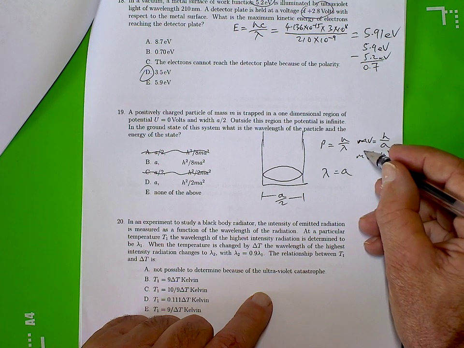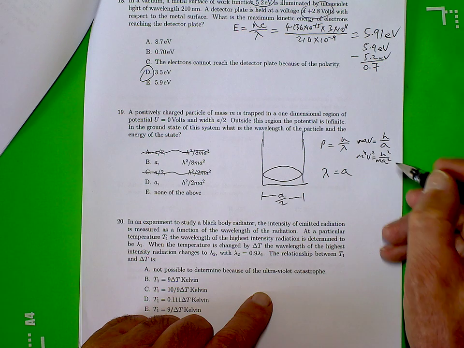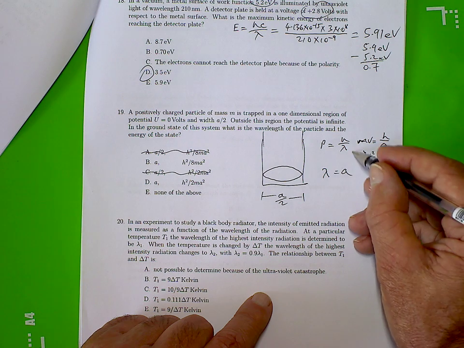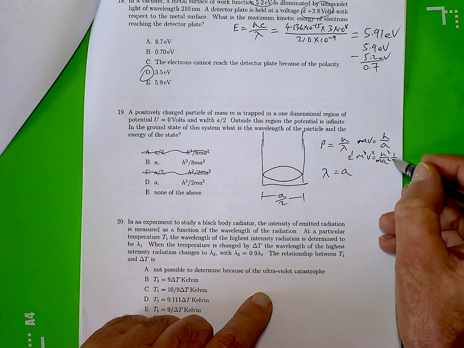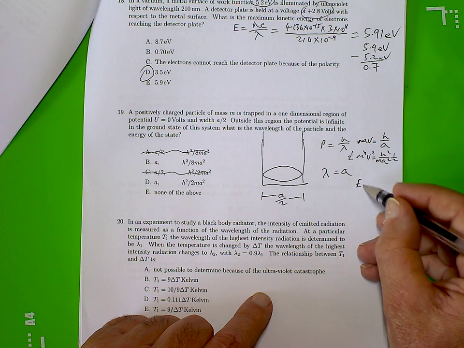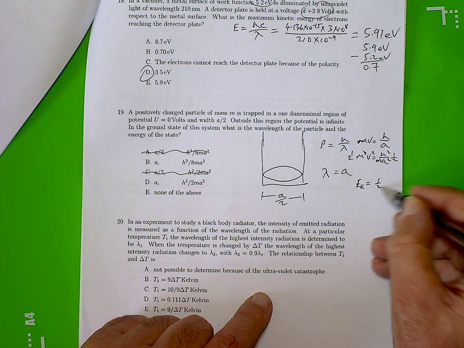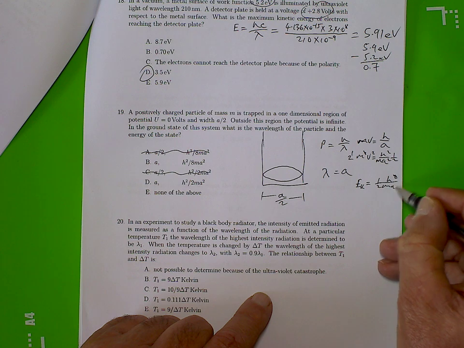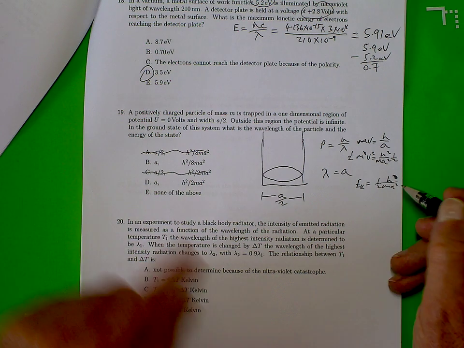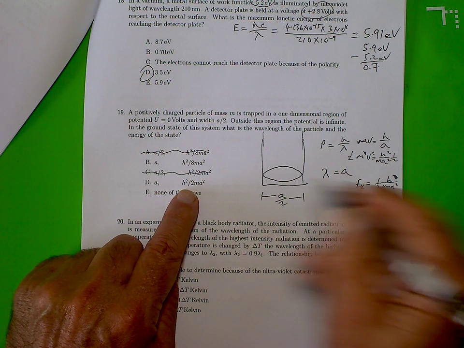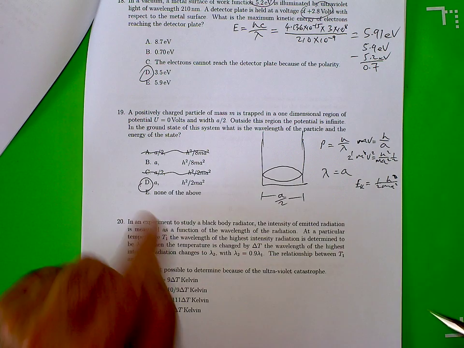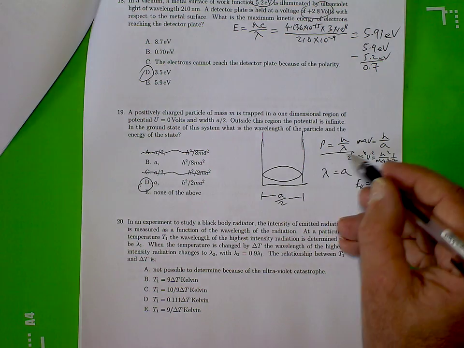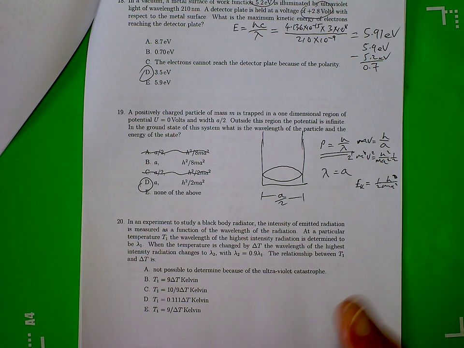Divide both sides by m, and we get mv squared equals h squared over ma squared. Take a half of that, and we get that the kinetic energy is h squared over 2ma squared, h over 8, go for D. Useful formula that, got to remember that all the time.